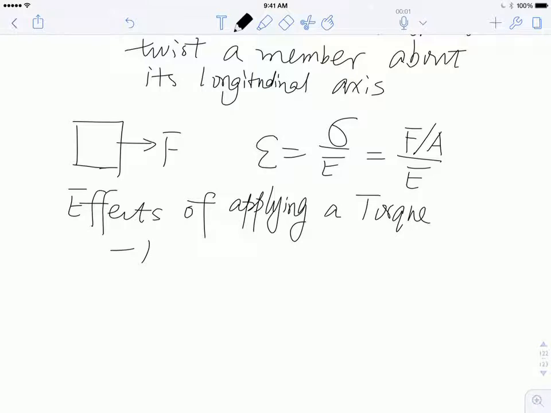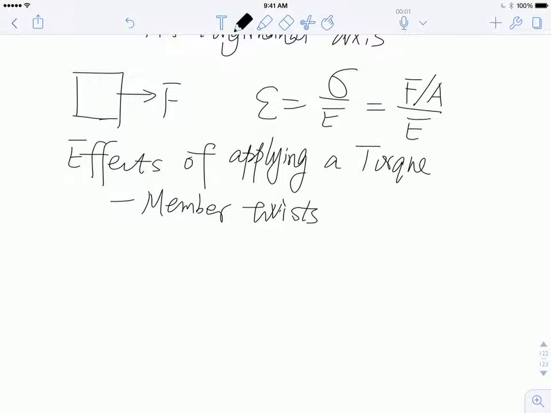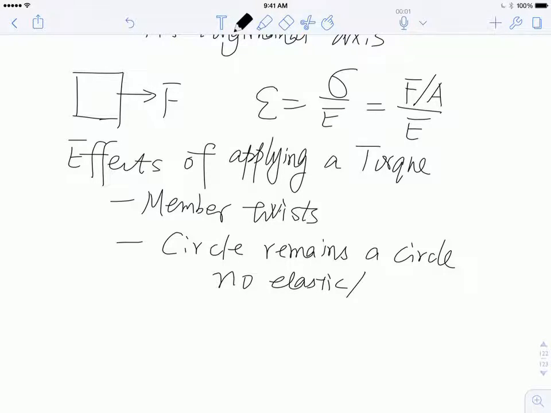First of all, the member twists, just like the steering wheel, right? Also, a circle remains a circle. In other words, there's no elastic or plastic deformation, no deformation whatsoever.